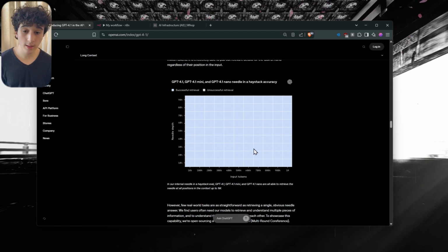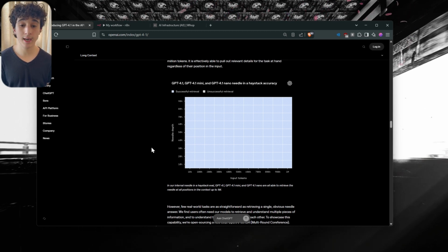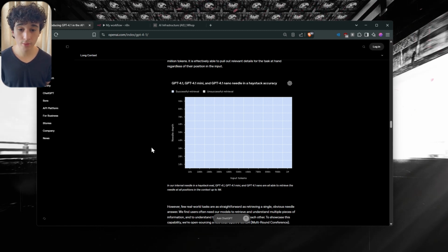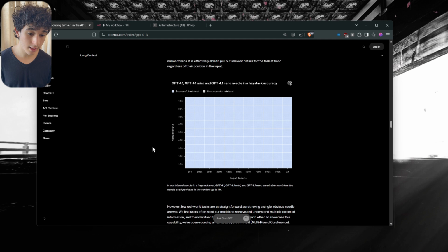long context files. Now we reach this chart, which is actually a very important one, which is the classic needle in a haystack accuracy chart. So in this chart, 4.1 performed 100 out of 100. It was able to successfully retrieve any information that was asked for it to retrieve. So it is 100% accurate in its ability to retrieve, no matter how long the text you give it is.